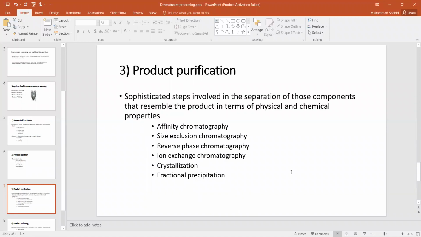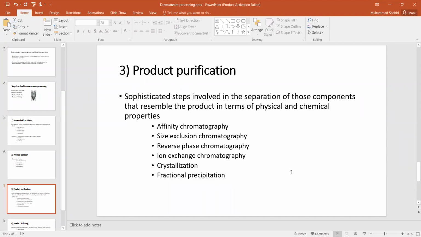So after that, in downstream processing, the third step that we are going to discuss is product purification. So it means that now, in the first step, we have removed the cells, the debris, and the particulate matter from the mixture. And in the second step, we have also removed the water.